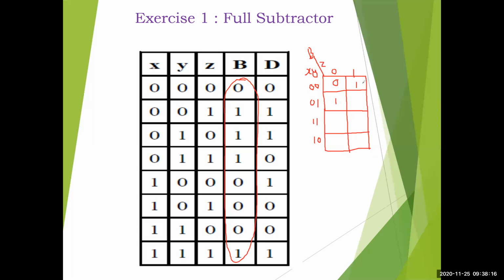Next 1 0 0, you are getting 0. Next 1 0 1, again 0. Next 1 1 0, also 0, and 1 1 1, you are getting 1.